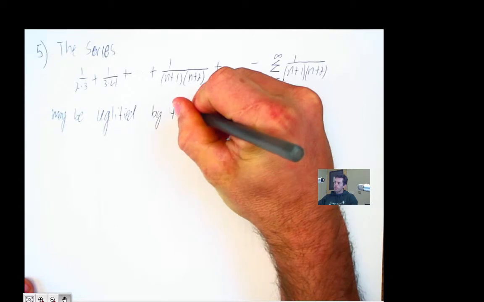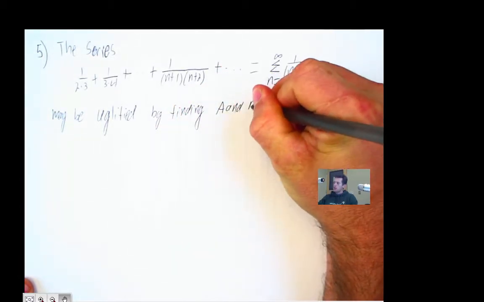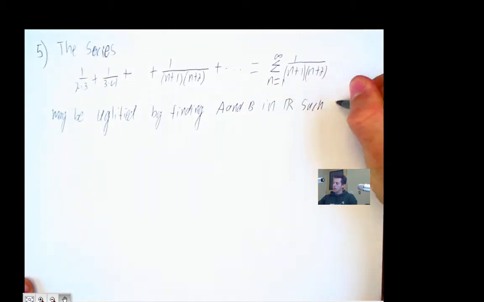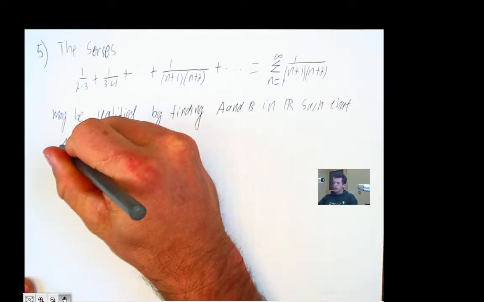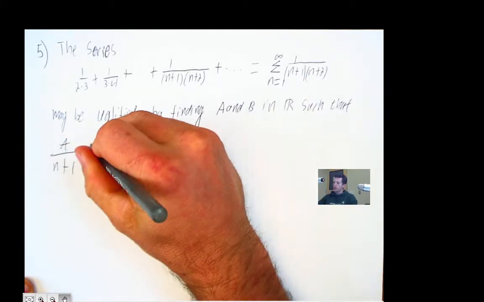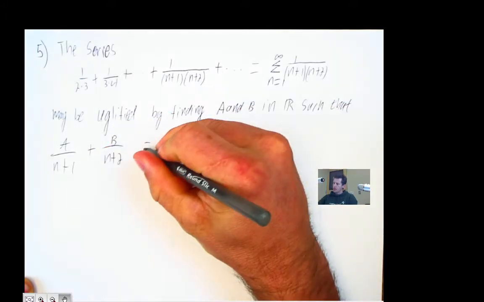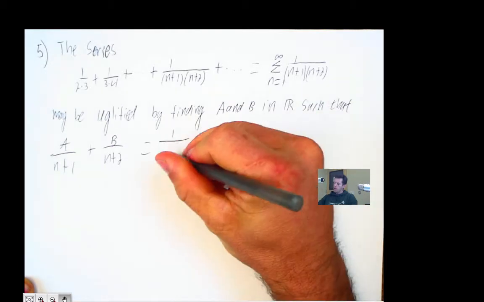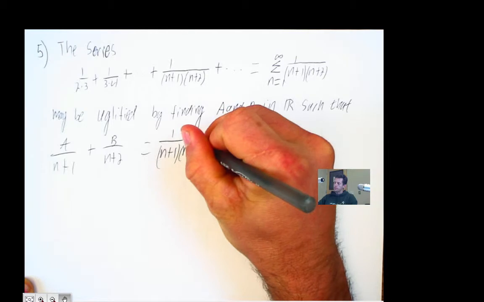By finding A and B in R, the real numbers, such that A over n plus 1, the first factor of the denominator, plus B over n plus 2 is the summand here, the thing in the sum. A word a lot like integrand, the thing inside.